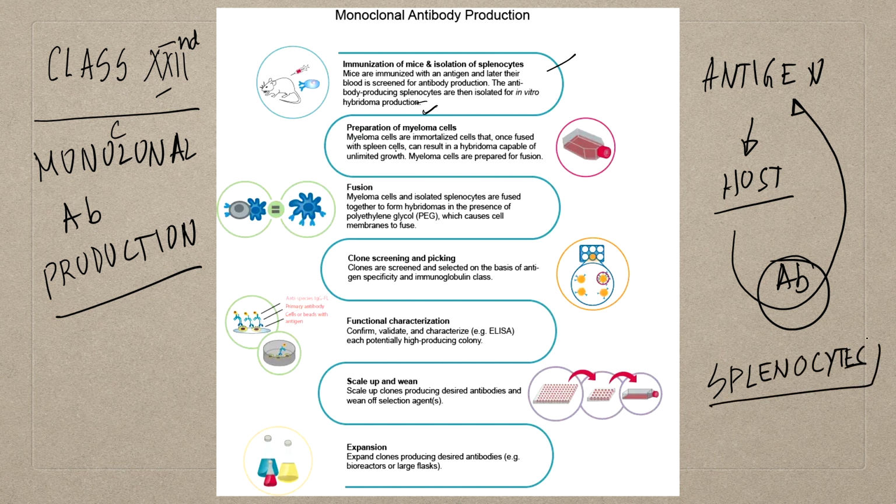So, now these primary splenocytes or regular splenocytes of your body have a limited life cycle. Now, in order to have an unlimited production of antibody, say for example, I inject an antigen into a mice or a human, then I isolate the antibody producing splenocytes.